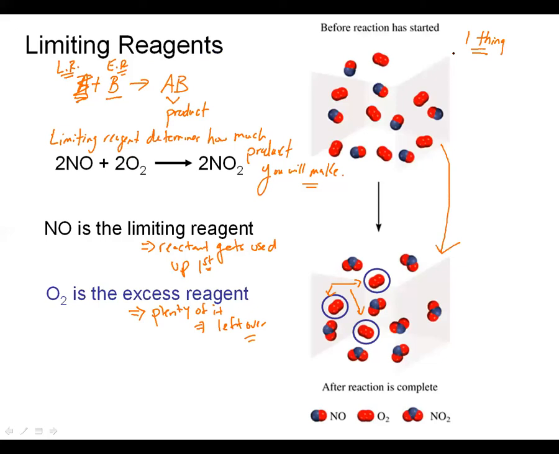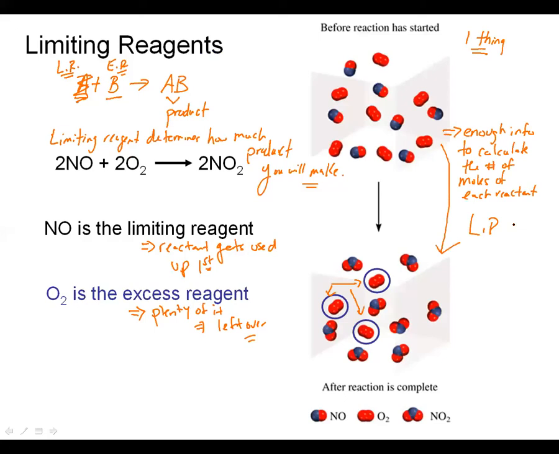So when you know you need to do the problem like a limiting reagent problem is when they give you enough information to calculate the number of moles of each reactant. So that is your red flag, like, hey, I should do a limiting reagent problem.